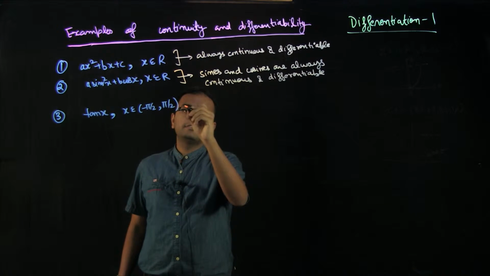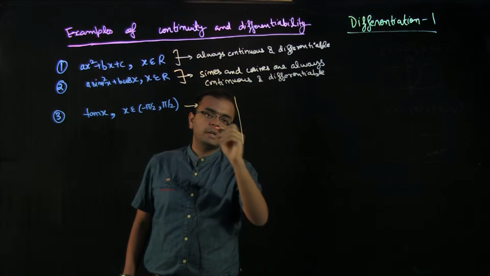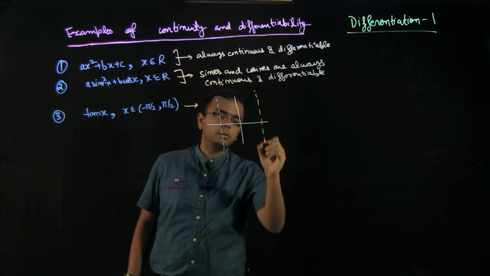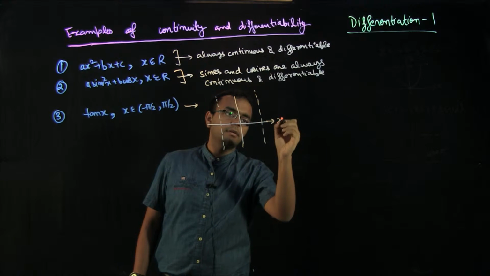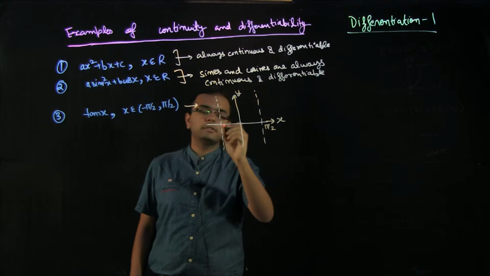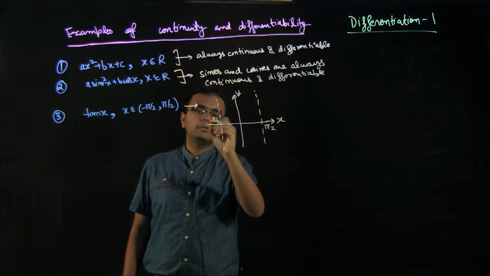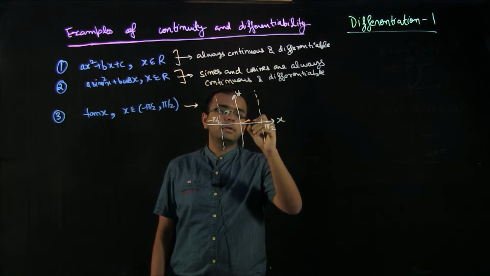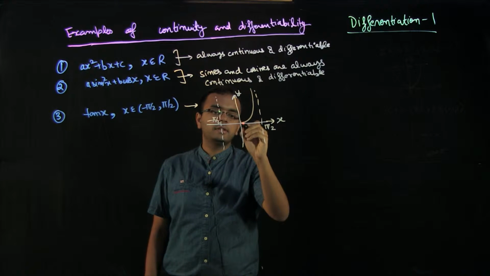So let us make the graph of tan x. This is x, this is y, this is pi by 2. The question asks us between minus pi by 2 to pi by 2, and as you might already know, the tan x graph looks something like this.